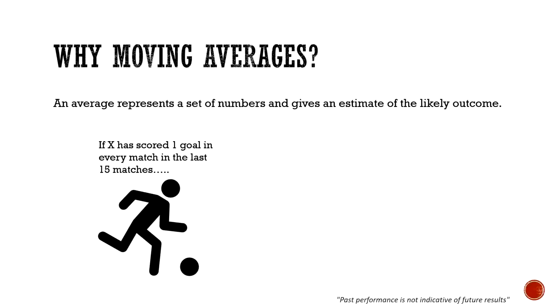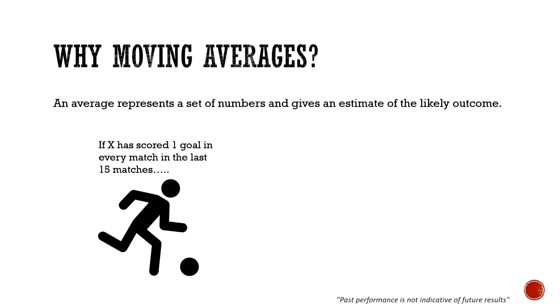Let's say a footballer X has scored, say, 1 goal in the last 15 matches, and in the 15 matches prior to that, he didn't score any goals. If I have to make an assessment, he's playing tomorrow, what is the probability that he's going to score 1 goal tomorrow?